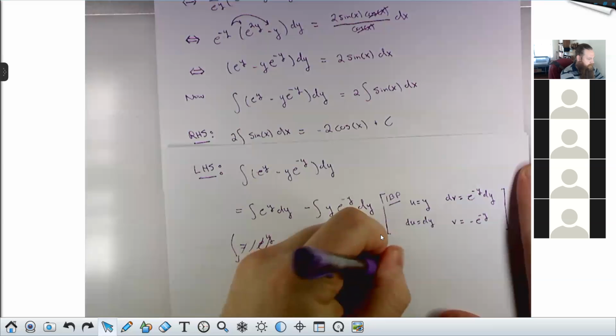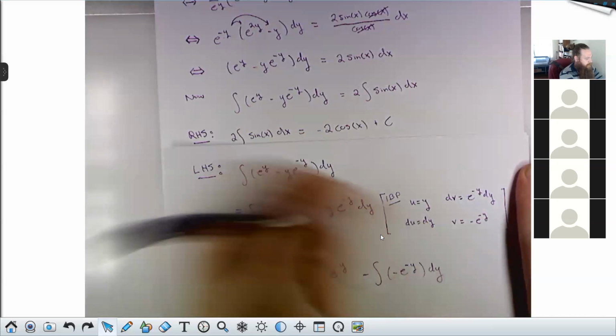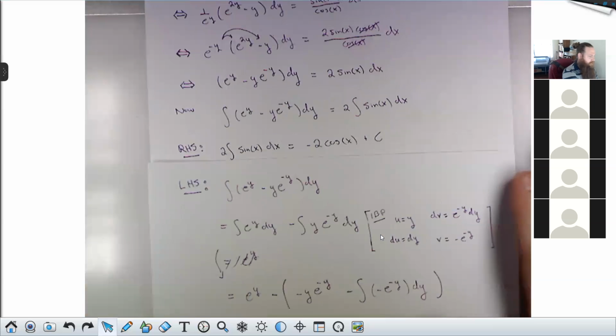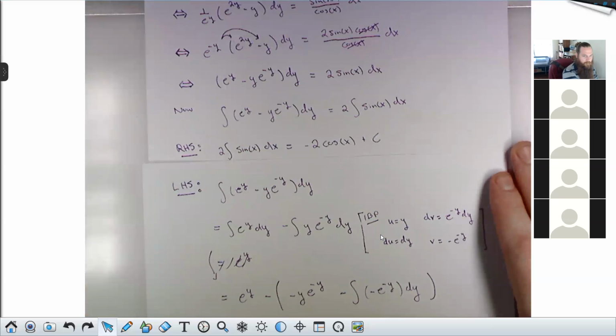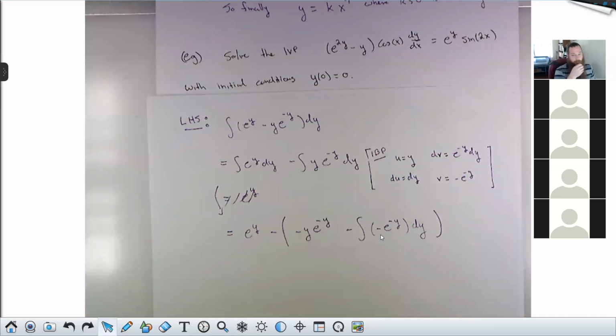So that's minus the integral of negative e to the negative y times dy. Okay, use parentheses carefully. We've got a lot of negatives that need to be managed here.